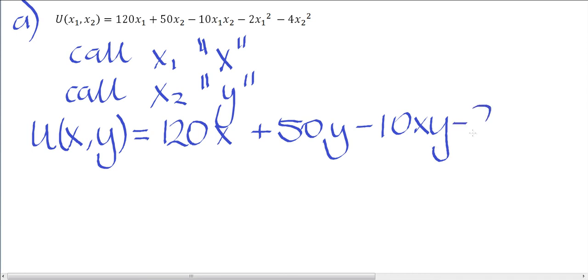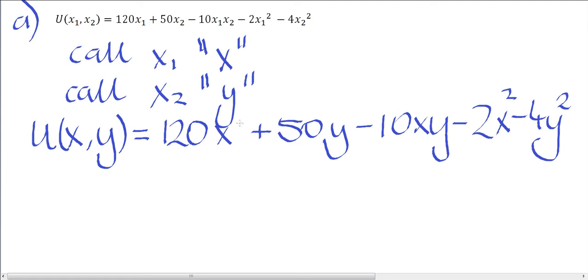It might make life a bit easier, and you don't have to worry about the numbers 1 and 2 down in the bottom. So that'll be minus 2x squared minus 4y squared. Again, just be careful that you have this done right. You're allowed to do this, and it'll make life easier, but just double check that you actually have it done correctly.